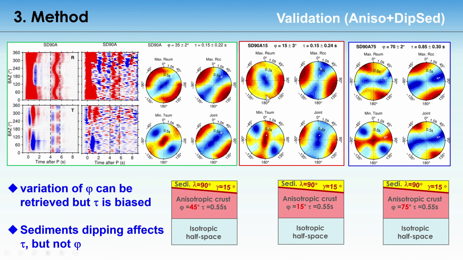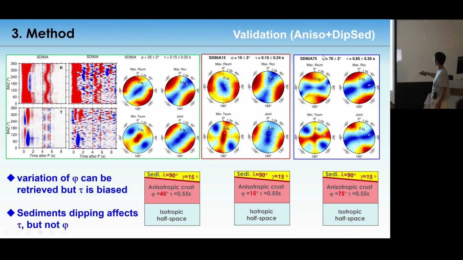But when we do other tests, where the two models are the same and we only change phi, with tau the same, we can see that phi is well recovered, and again here phi is well recovered. So for these complicated cases, the variation of phi can be retrieved, but tau is biased. So sediment dipping can affect tau, but not phi. In total, in all these complicated cases, GOF works well with phi.